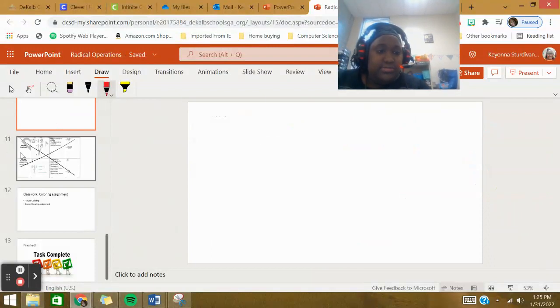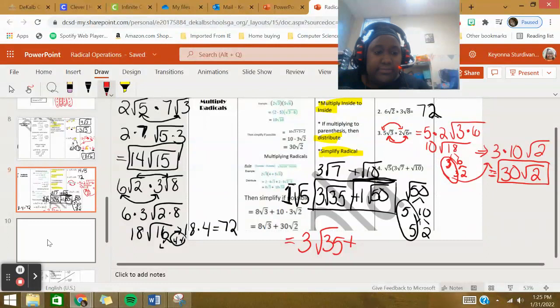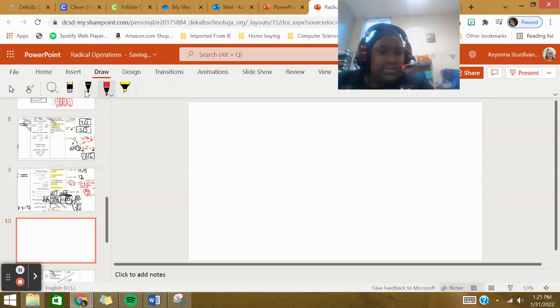That's funny. So let's go back up. They kind of killed my maximum space. All right, so 3 square roots of 35. Why is my ink disappearing?